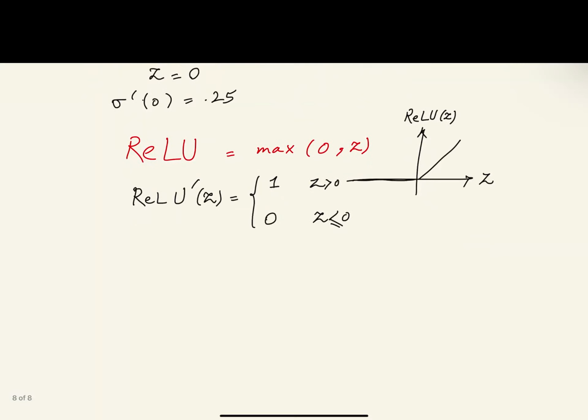Notice that I said the derivative is 0 at 0, which is not really true because it's not differentiable at that point. But we really don't care because the probability of z falling at exactly 0 is almost zero. So that's why we just correct that issue and put 0 here. Even if we set it to 1 at 0, it doesn't really matter, because it's very improbable for z to fall exactly at 0.